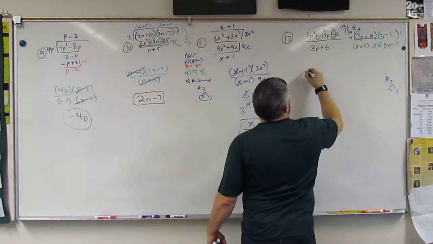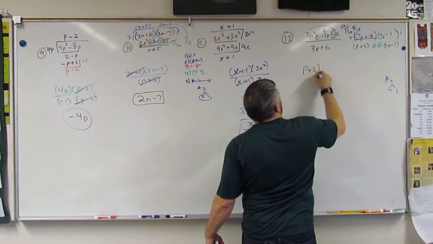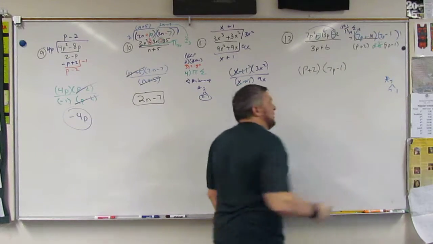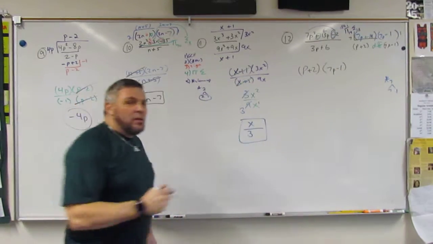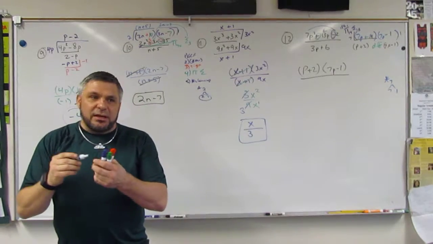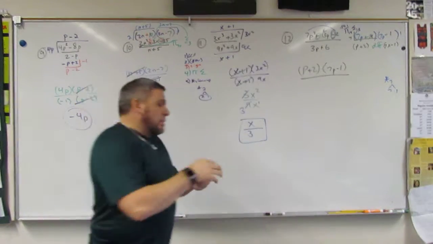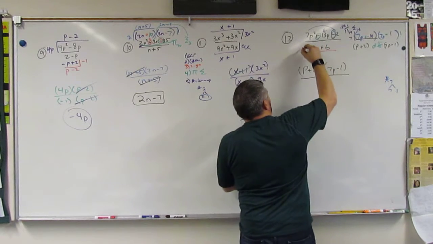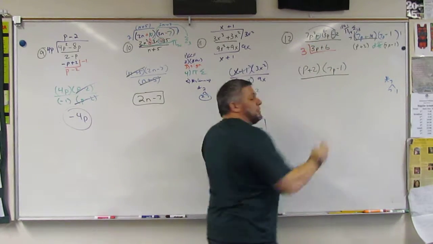So what do I have? I have p plus 2, right? Times 7p minus 1. That's on the top. What's on the bottom? Well, let's take a look. What goes into 3 and 6? 3, right?